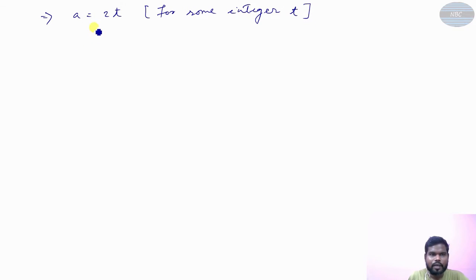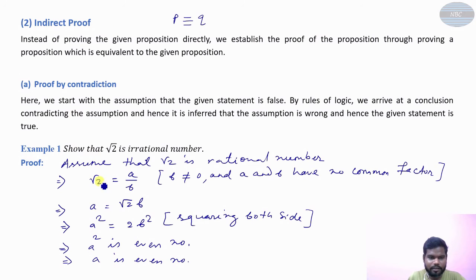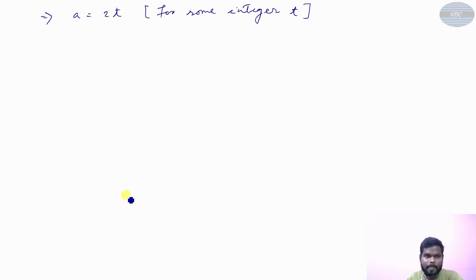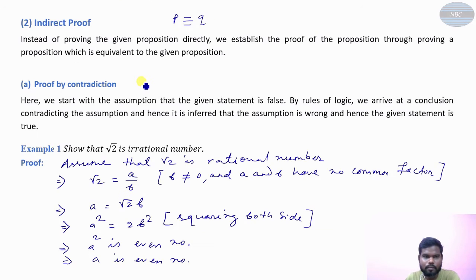Now here a is equal to 2t, so put the value of a equals 2t here. We get a square is 2t whole square, which is equal to 2b square.